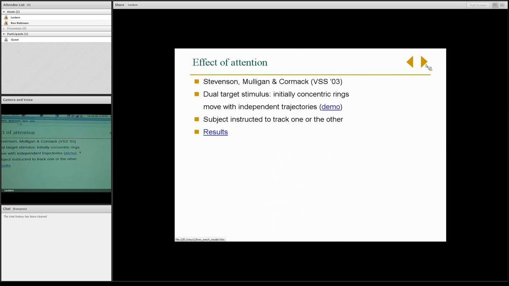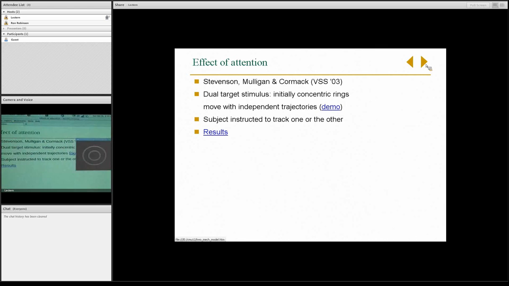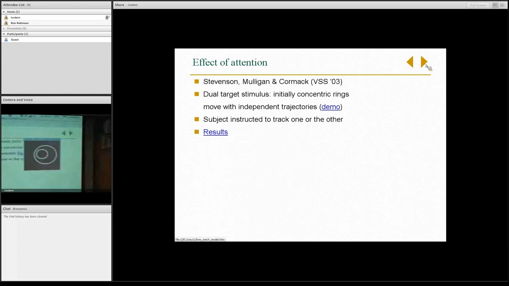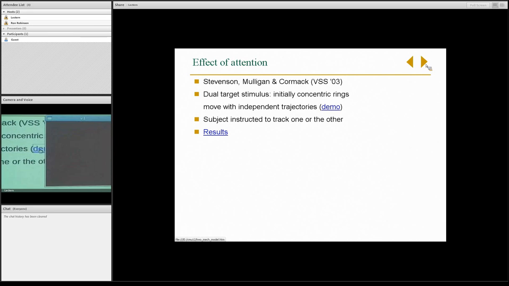So now we're going to look at the dual target experiment, and in this demo, you'll see that we have 2 initially concentric rings that go on independent random walks. And your instructions are to keep your gaze trained on the center of one or the other.